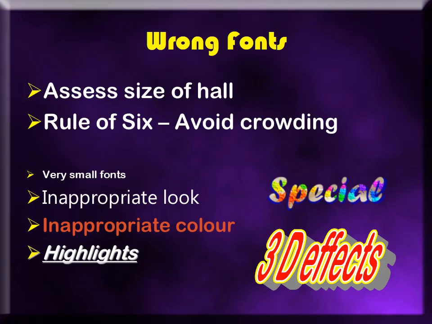It's an absolute must to follow the rule of 6 to avoid crowding. The rule is very simple. Use 6 words to a line and not more than that, and use not more than 6 lines to a slide. If you have whole paragraphs put on your slide and you read it, that is the worst thing you can do. Size is important, so having very small fonts or an inappropriate look or an inappropriate color is something that you have to avoid.